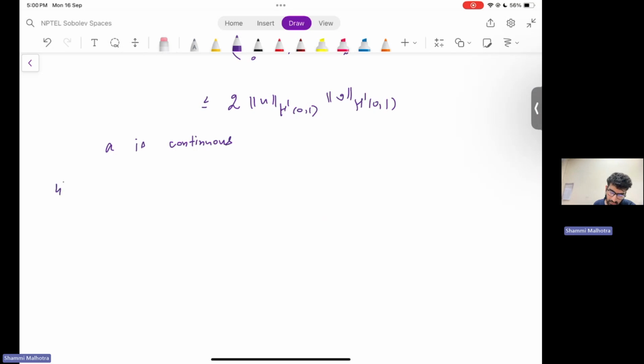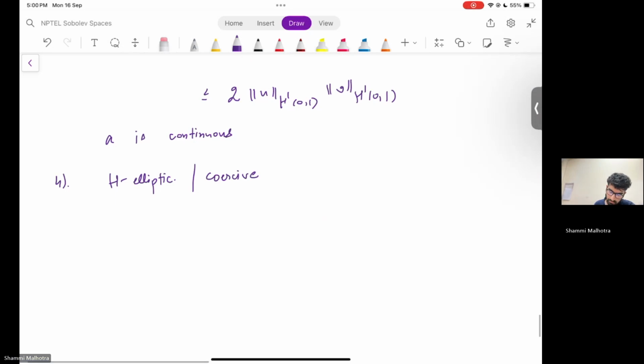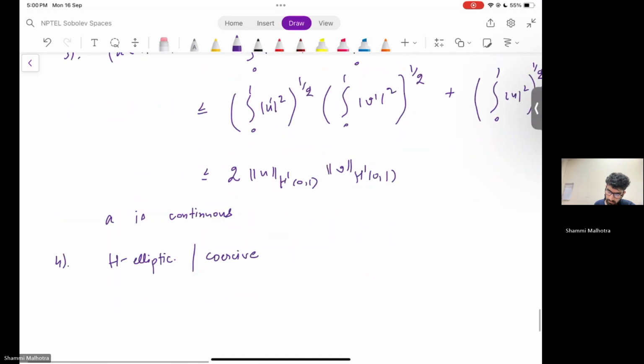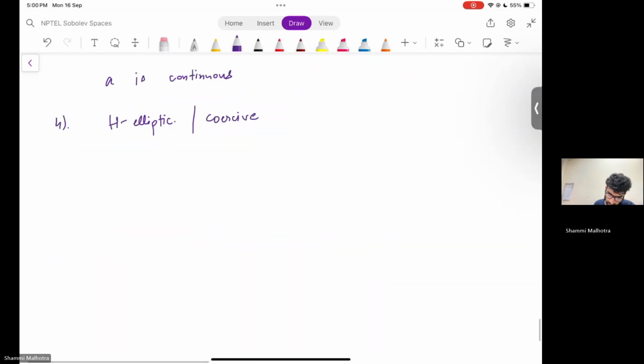Finally, we need to see the H-elliptic, or what is also known as coercivity. I consider A(u,u). This is nothing but the integration from 0 to 1 of mod u' square plus u square.